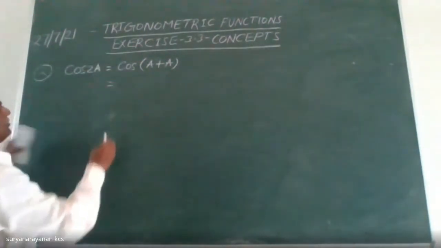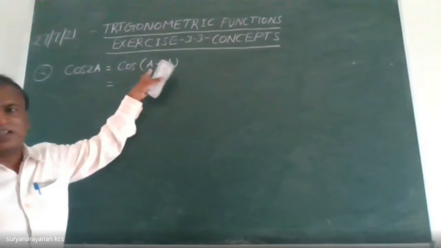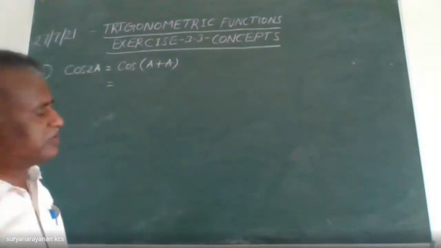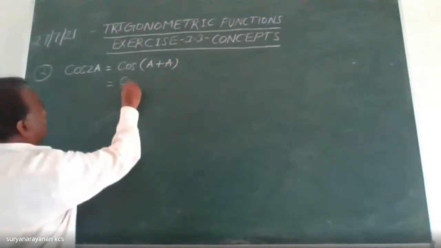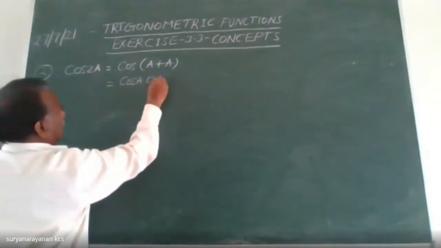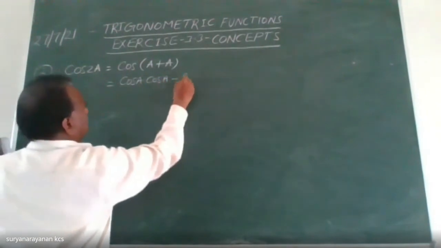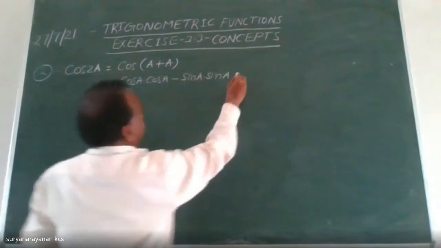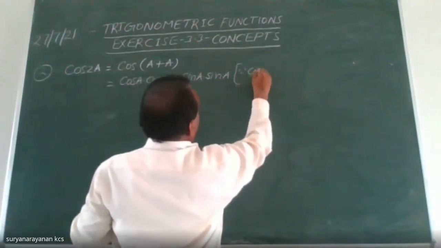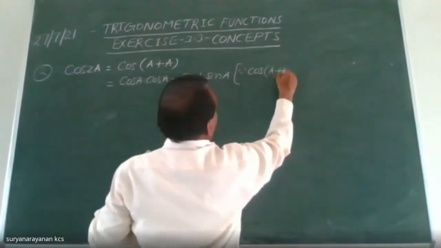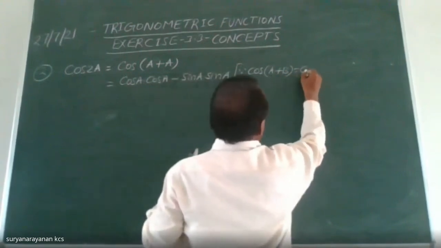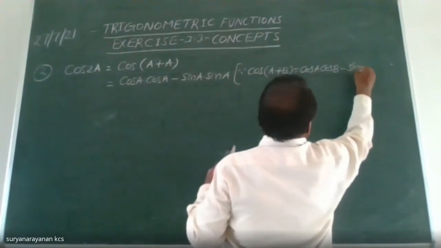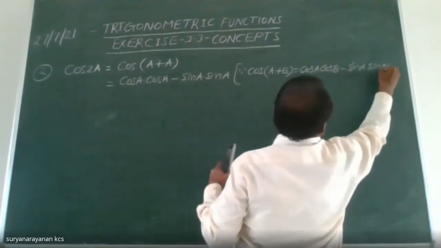Now, if you observe this trigonometric function, it is in the form of cos of a plus b. What is the formula for cos of a plus b? Cos a cos b minus sin a sin b. Because cos of a plus b is equal to cos a cos b minus sin a sin b.